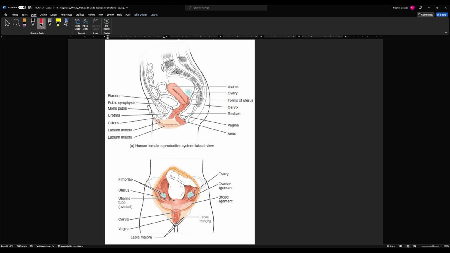Now, the female anatomy is designed to do two things. One, provide a safe, secure environment for the development of an offspring, and two, allow the male reproductive gamete and the reproductive system to get close enough to that protective environment that an offspring can be created.